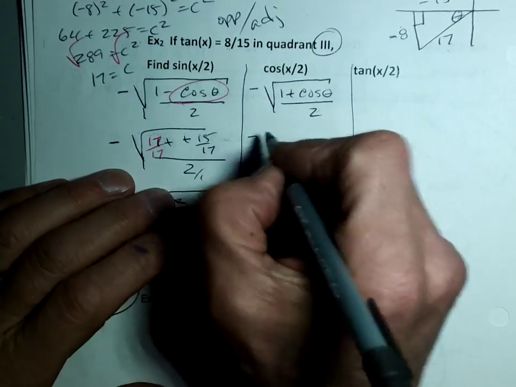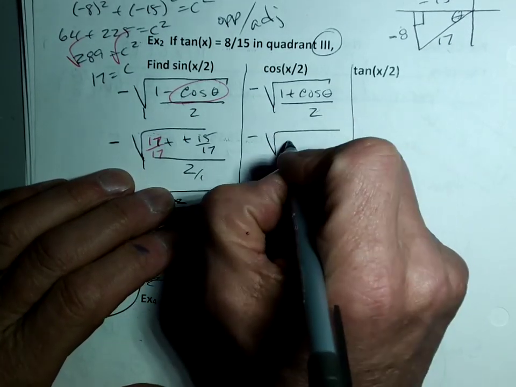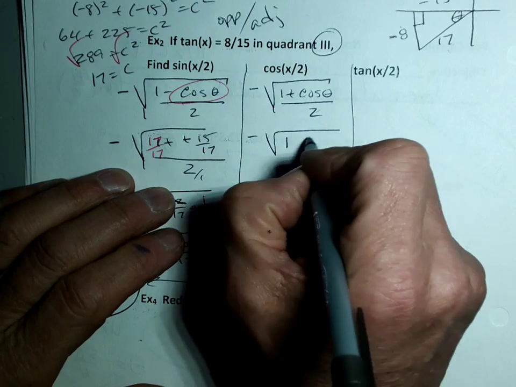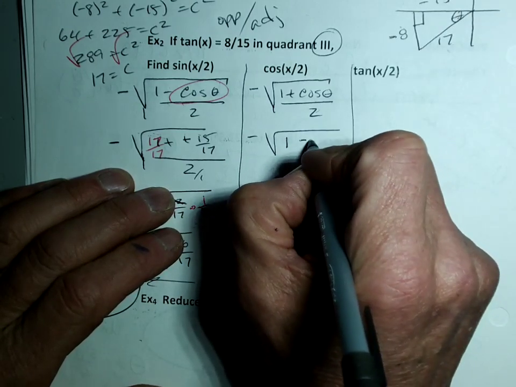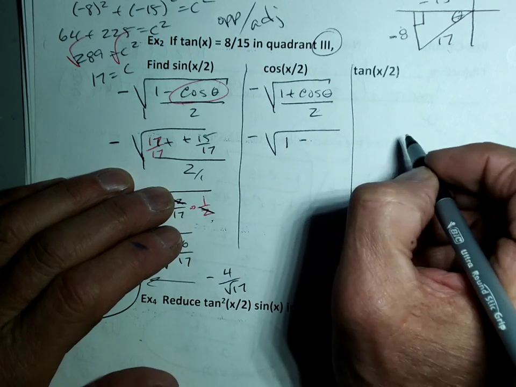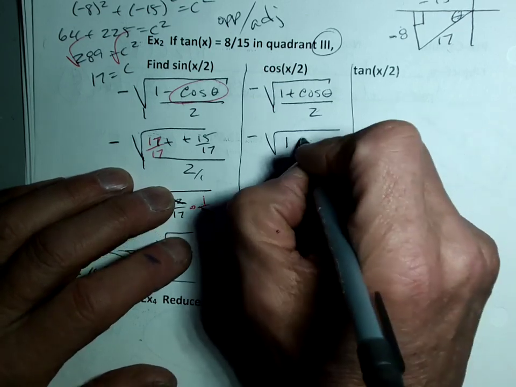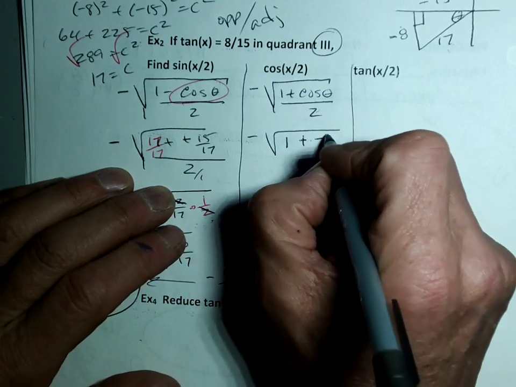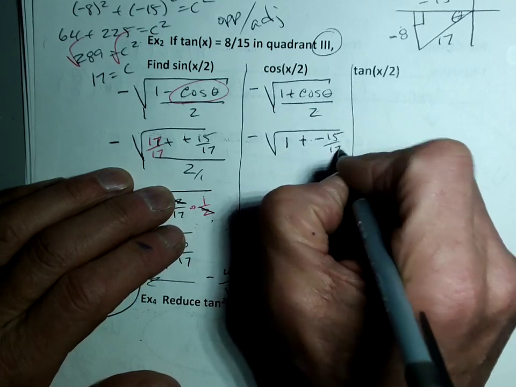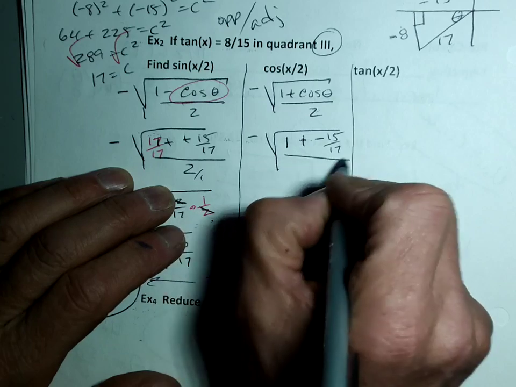So we're going to get a negative square root of 1 minus adjacent over hypotenuse, minus a negative 15. Hold on, I made a mistake. Plus. It was plus. The formula is plus. Plus a negative 15 over 17, divided by 2.